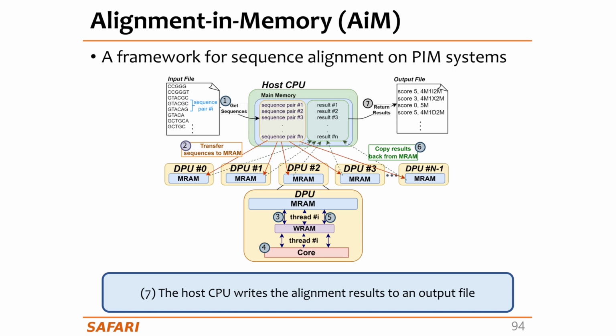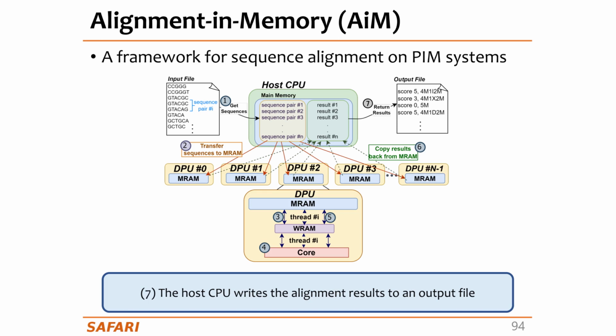Then we need to transfer the sequences to the MRAM in the multiple DPUs that we are going to use. And when the transfers are done, we can launch the kernel execution on the DPU, first copying sequences from the MRAM to WRAM, and then performing the computation using different threads.